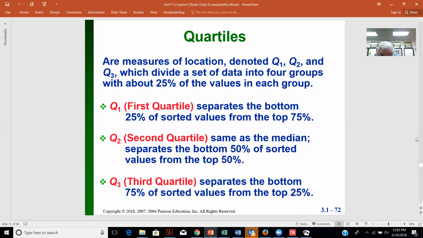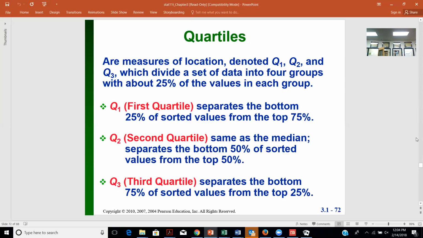Okay, so let's look at another variation on percentile, which is the quartile. Let's talk about how data can be looked at when it's raw data. I'm going to go back to the board. Let's just say we have our data and we can put it on a line.